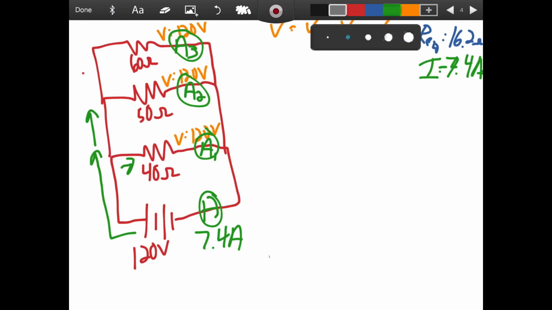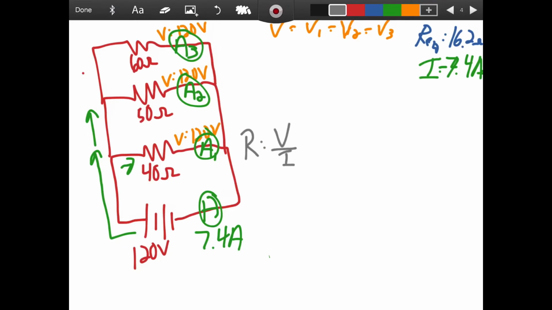So let's look at this one first. Start with Ohm's law. Now I'm looking for the current in each one. I know the resistor here is 40 ohms. I know the voltage is 120 volts because in a parallel circuit, the voltage is the same everywhere. And here I'm looking for current.